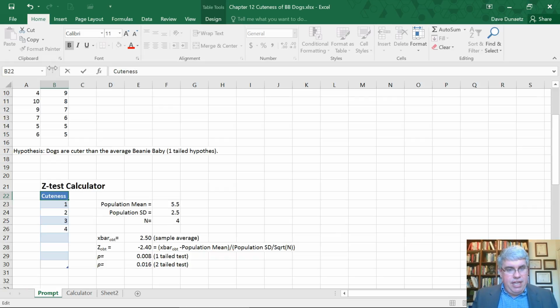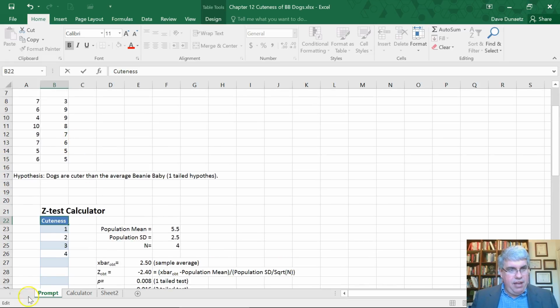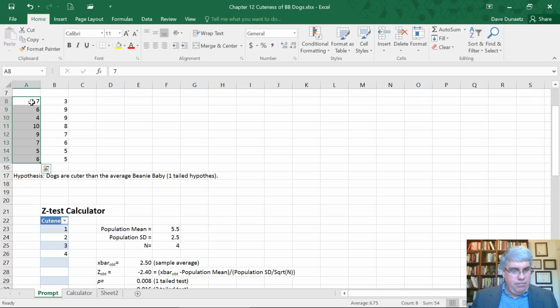And let's enter the data in that we have. I'm just going to copy and paste it: the 7, 6, 4, 10, 9, 7, 5, 6. So control copy. I'll paste it in there. And then I want to do the same thing with that second column of data. Control copy.